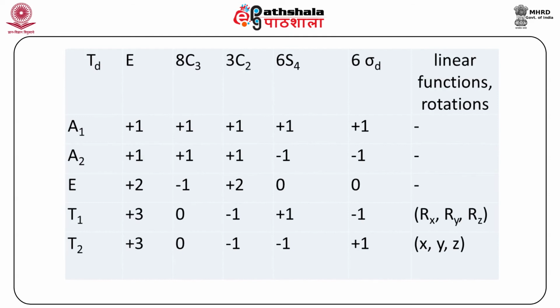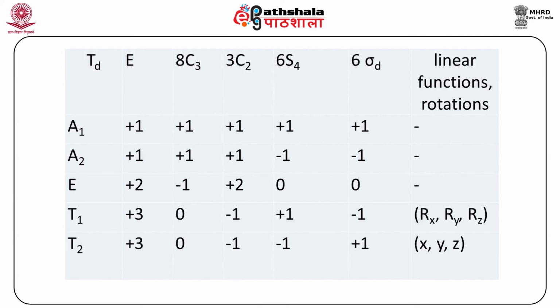If I take Rx, Ry, Rz in the last column, where it is written linear function rotation, I find Rx, Ry, Rz are against T1, that is the T1 irreducible representation. The basis function is Rx, Ry, Rz.